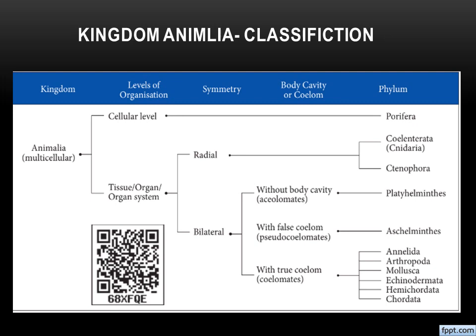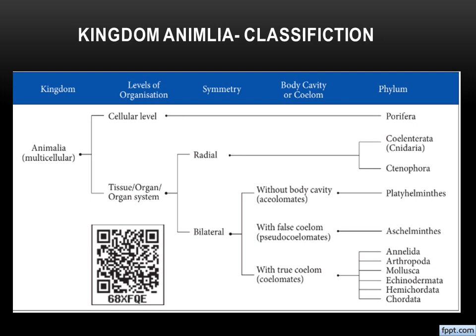It is symmetry. As per the levels of organization, we said tissue level and organ system level. This group is somewhat vast, since except Porifera, all other phyla are included here. That's why this group is further classified as per symmetry.